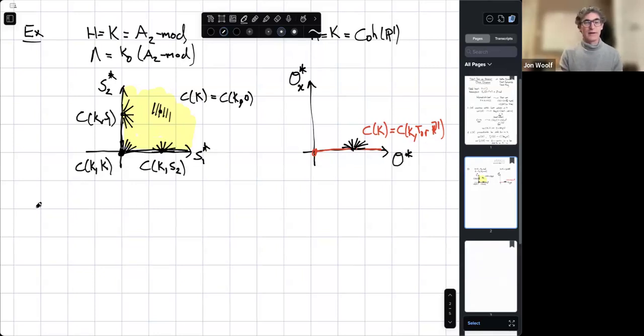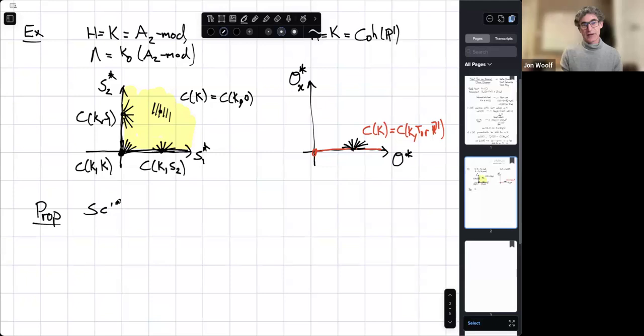So I want to go back to these kernel subcategories and illustrate another relationship between what's going on with these heart cones and the homological algebra.